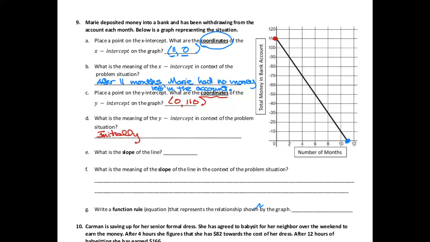Initially, Marie deposited $110 into the account. Okay. So it talks about the number of months by saying initially, and the total money in the account is 110.